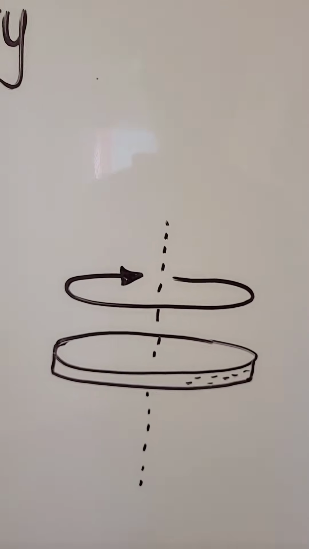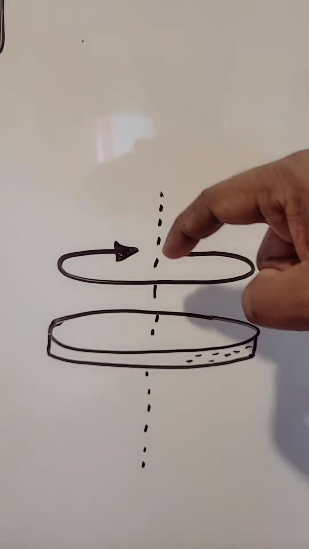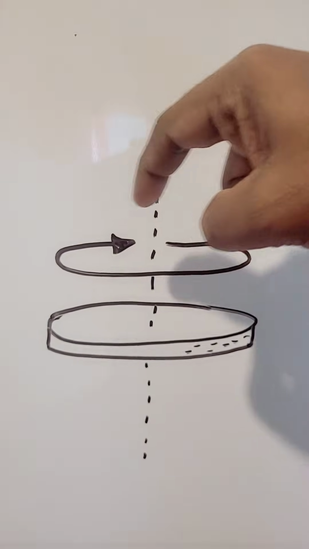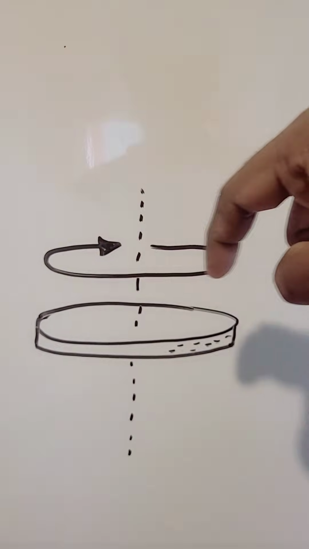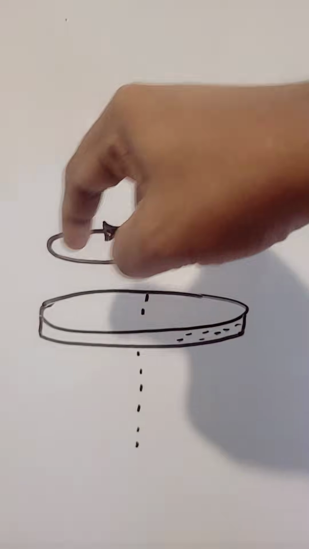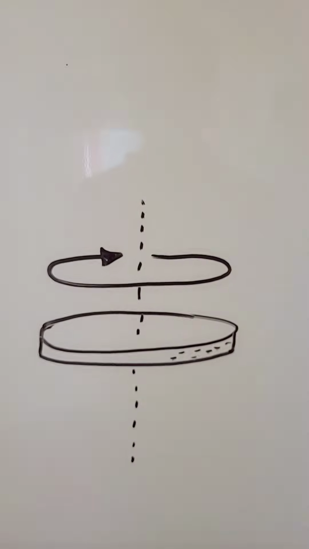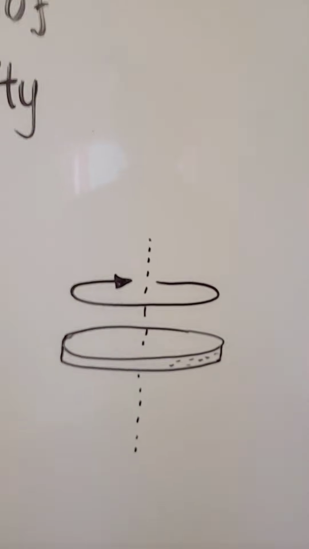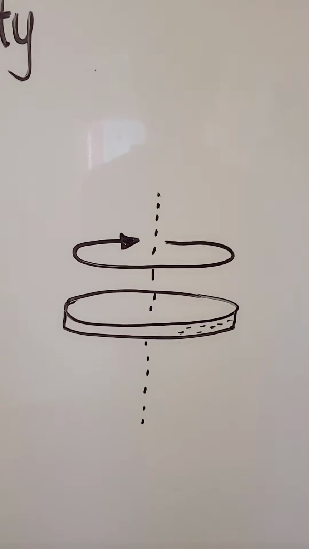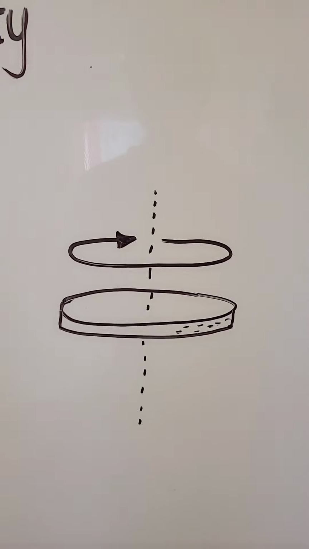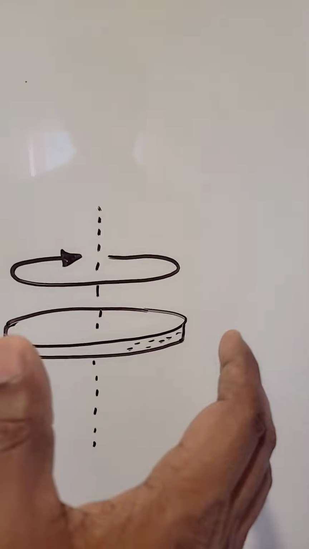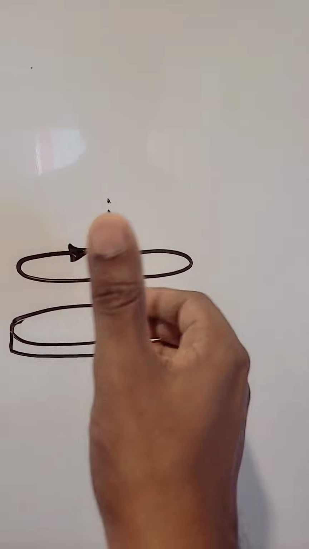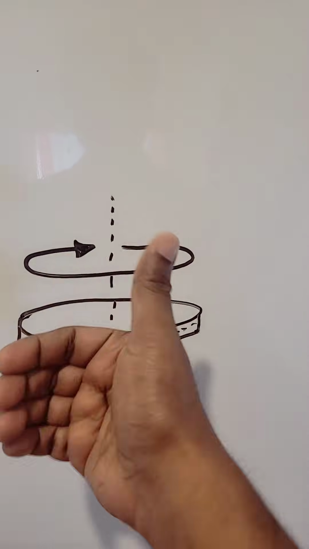Now let's look at this one. It's the same disk. This time, can you see it's rotating in the opposite direction? It's going clockwise. So then how are you going to find the direction of the angular velocity vector? Let's say you try it like this, but that's not the direction of rotation, right?